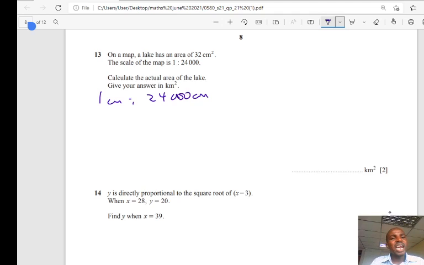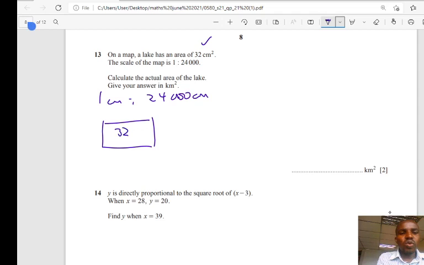So what's the actual area? This one is the area on the map, 32 square centimeters. You can use the rectangle format. Find 2 values which are factors of 32. You can just choose 32 and 1, right? So 32 centimeters and 1 centimeter. If you multiply, they give you the area on the map.